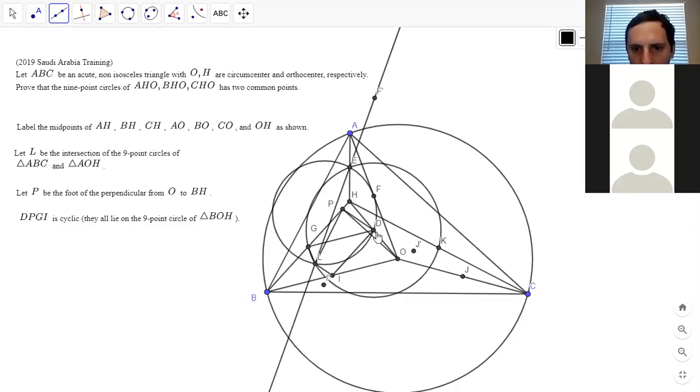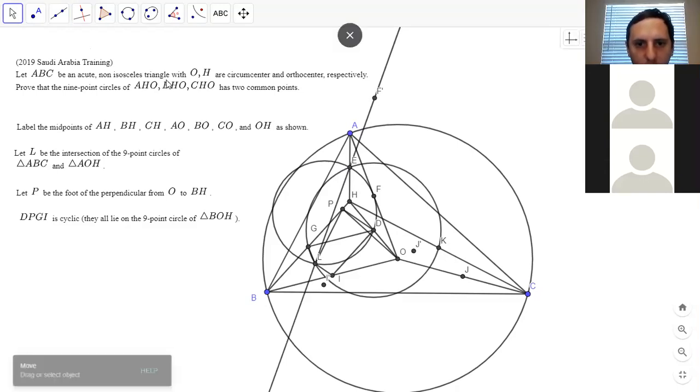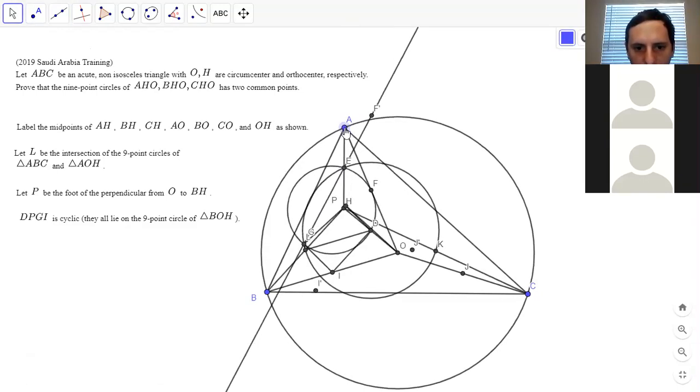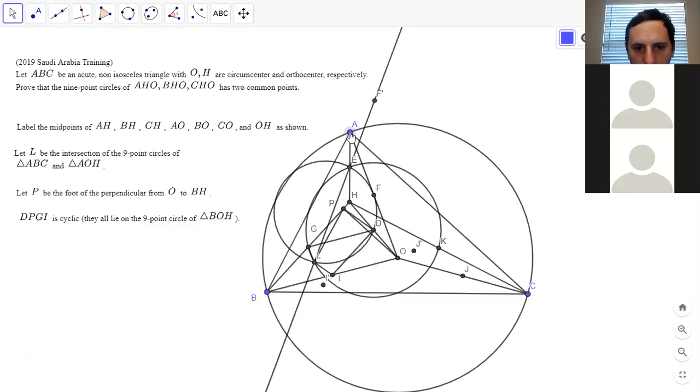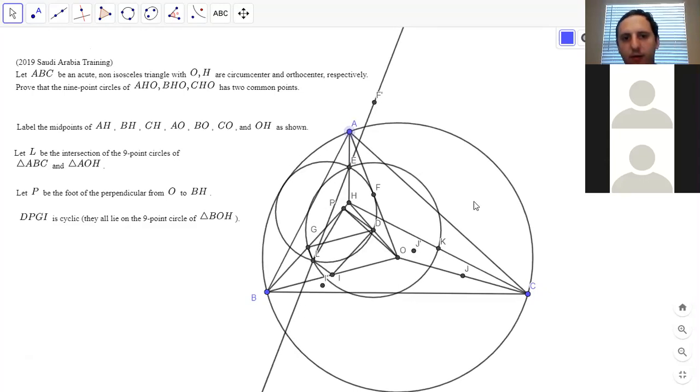and then, sorry, I'm confused. Does that really pass through L? Huh, interesting. Okay, so we want to show EF. Of course, it passes through L because of the inversion. Right? Okay. Yeah, it has to.